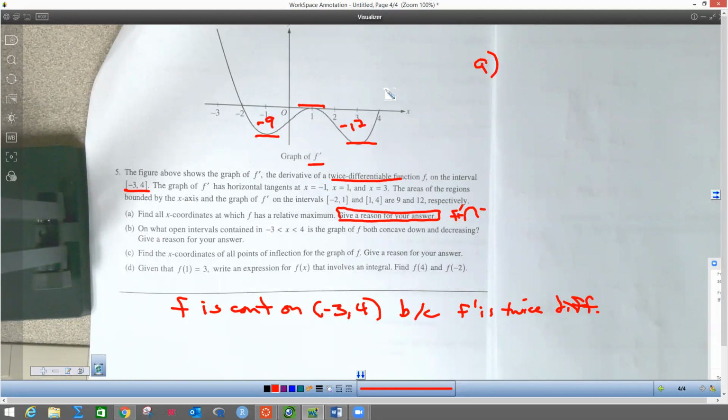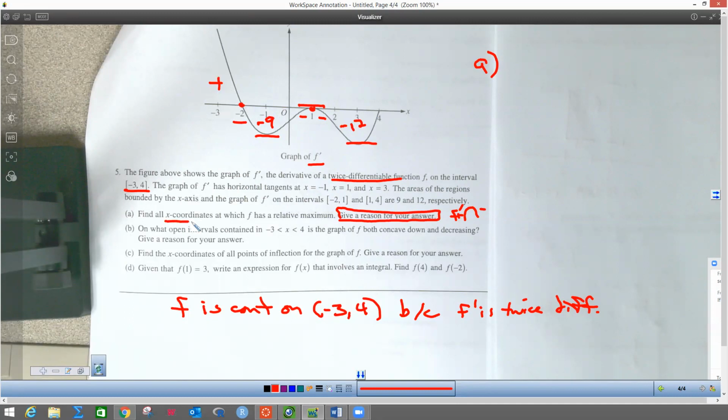This is f prime, all right? So we have a positive here, and it goes negative at this place. That's a critical number. This other critical number goes negative to negative, so it's neither a max nor a min, and then this is an endpoint, so we don't know what happens after this. So the only place this goes from positive to negative is at -2.